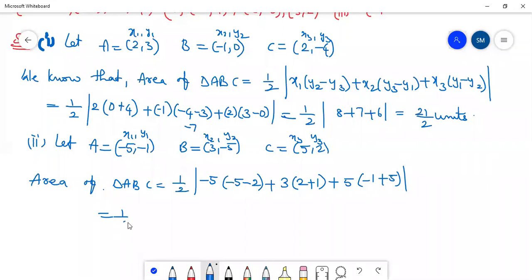It is equal to 1 by 2 into minus 5 into minus 7 plus 3 into 3 plus 5 into minus 1 plus 5 is 4.